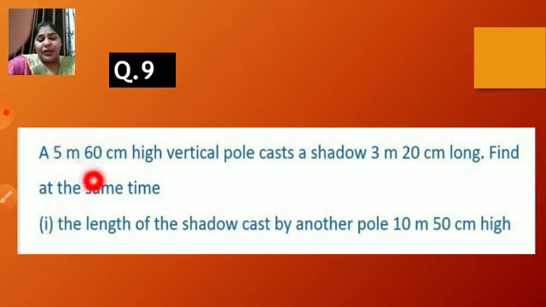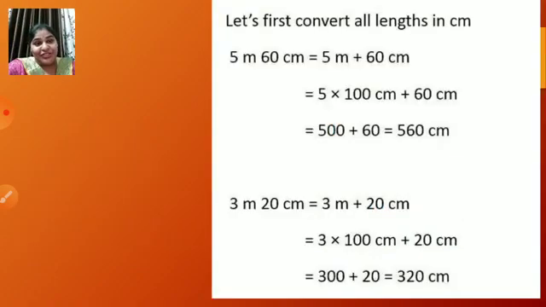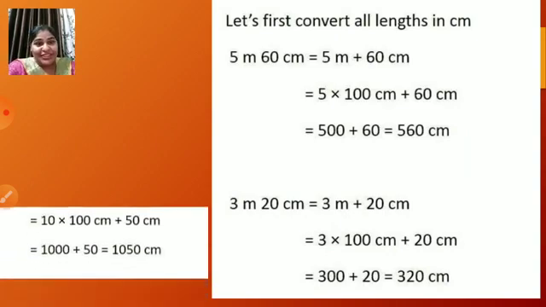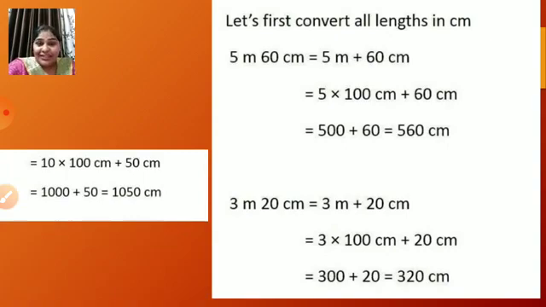Let us convert everything into centimeters, children. So 5 meters 60 centimeters will be equal to 560 centimeters. You know the conversion, no need to tell this. 3 meters 20 centimeters will be equal to 320 centimeters. And 10 meters and 50 centimeters will be equal to 1050 centimeters, children.